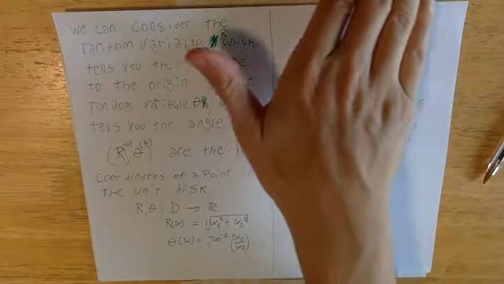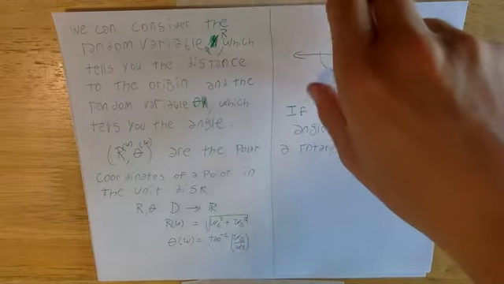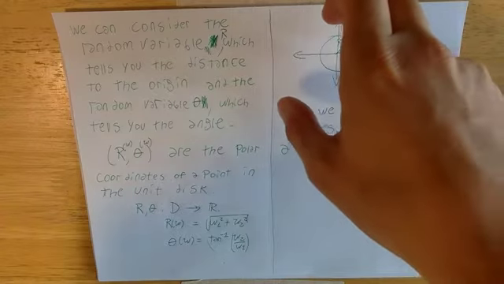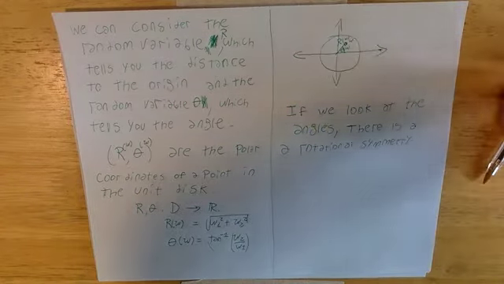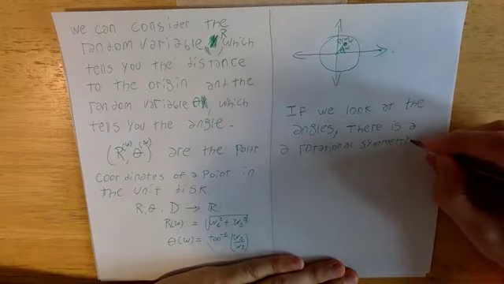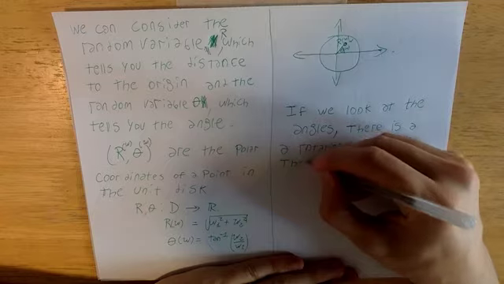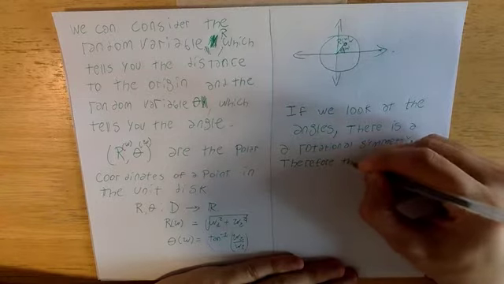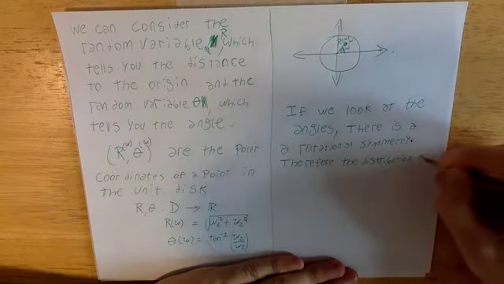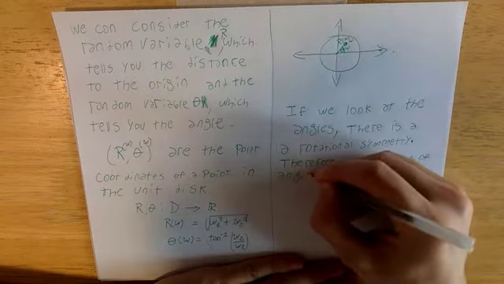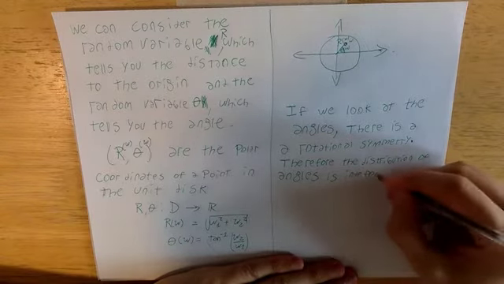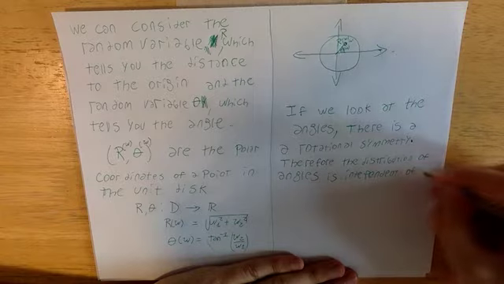What I'm trying to say is that whenever you rotate your target, you still get the same target. So the angles that you are going to get are independent of these rotations. Therefore, the distribution of angles is independent of rotations.